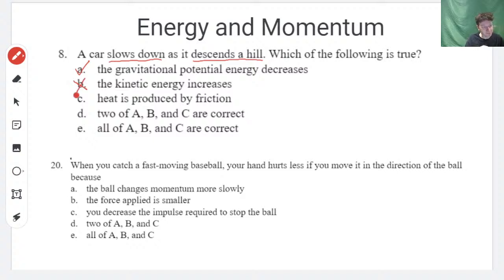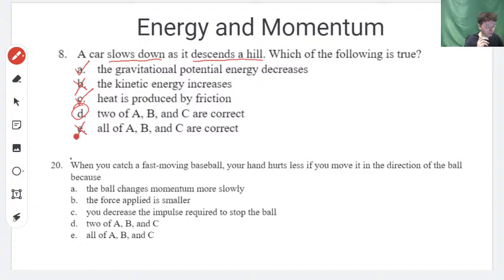C, heat is produced by friction. Yes, I'm going to assume yes, definitely. Heat is being produced by friction, especially if we're slowing down, because I'm going to assume we're braking. So yes. And these multiple choice questions are horrible because D and E are 2 of A, B, and C are correct, and all of A, B, and C are correct. In this case, only 2 of them. So our answer is D.